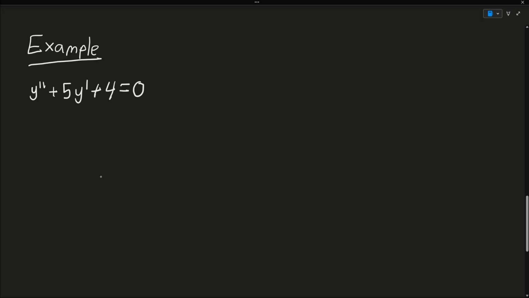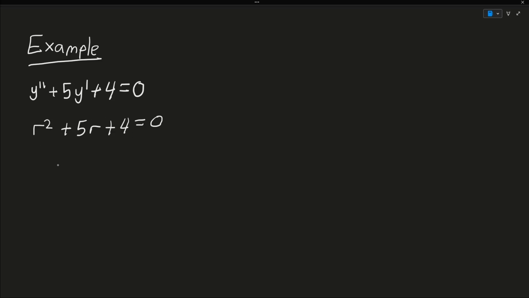Now let's work on this very nice example. y double prime plus 5y prime plus 4y equals 0. Since this is a homogeneous differential equation with constant coefficients, we can use this method again. r squared plus 5r plus 4 equals 0.